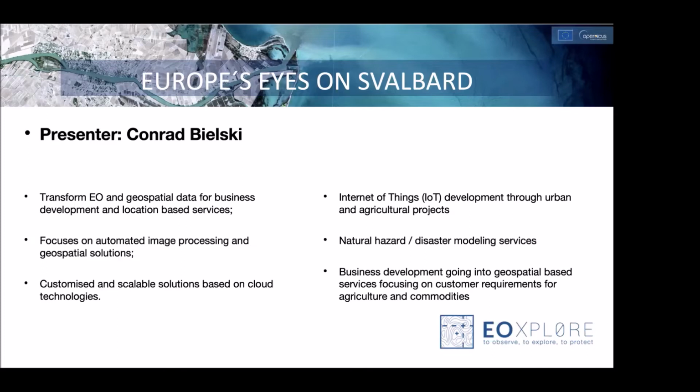So from a land cover, land use perspective, agriculture, but I've also looked at other things, like natural hazards and disaster modeling. Essentially, what I try to do is link Earth observation information based on the needs of the clients.